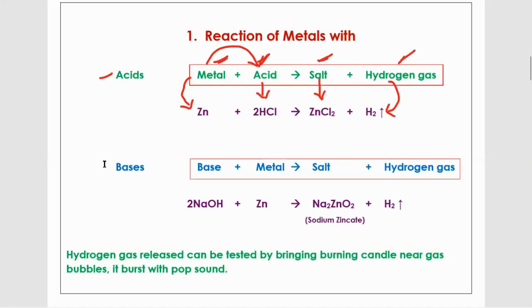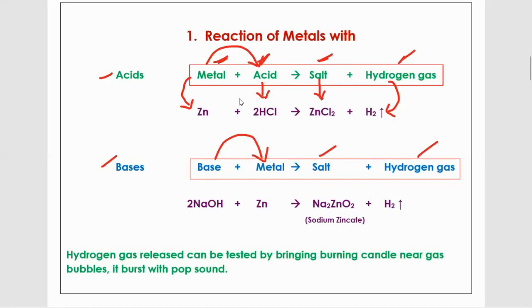While coming to bases, the same equation follows. When a base reacts with a metal, it produces salt. Of course hydrogen gas is produced, but what is the difference between these two equations? Here with metal plus acid, we can get many equations.